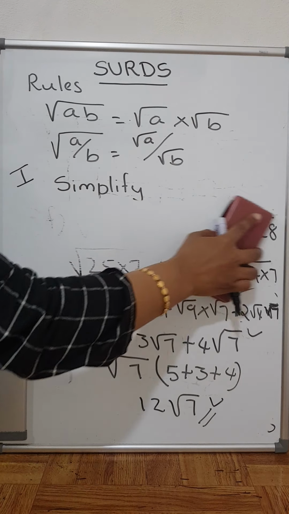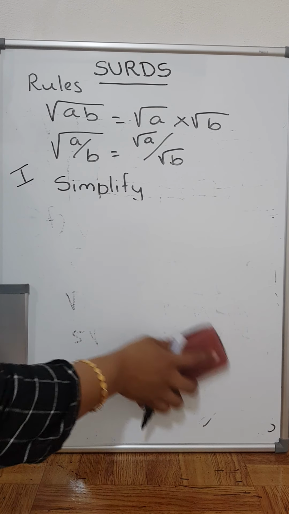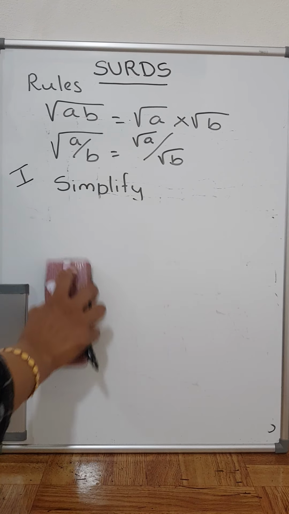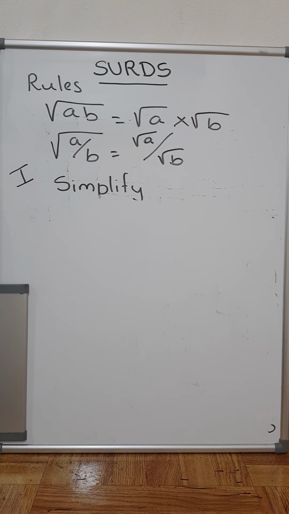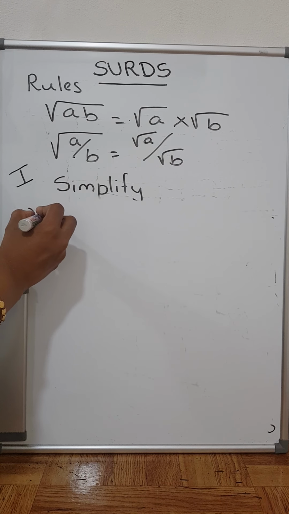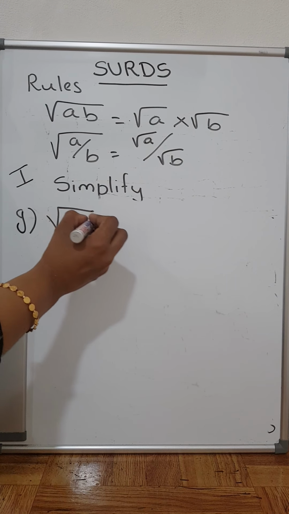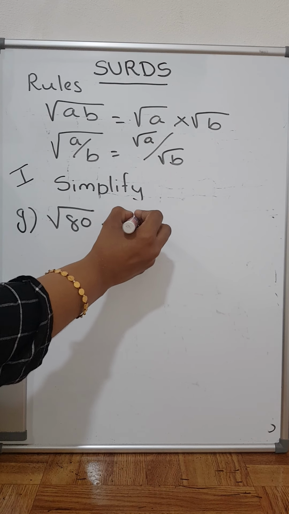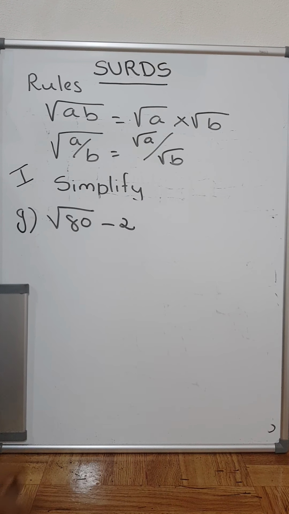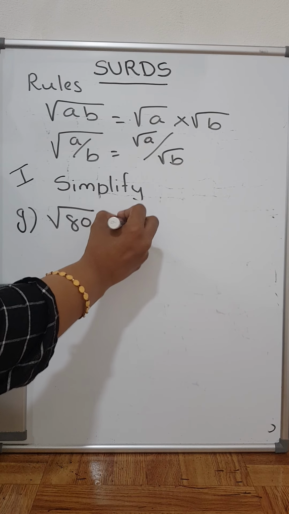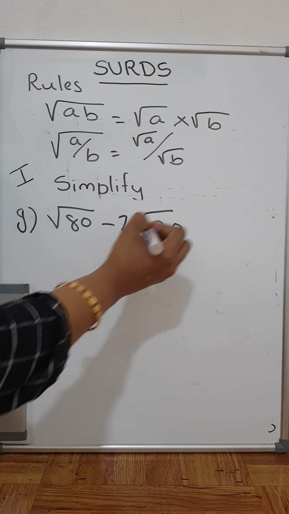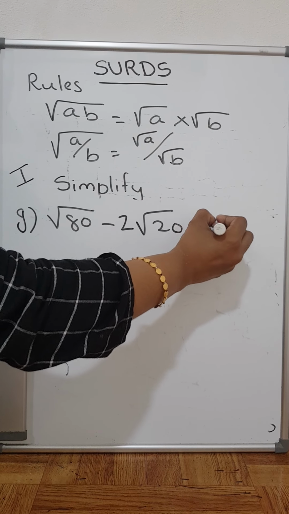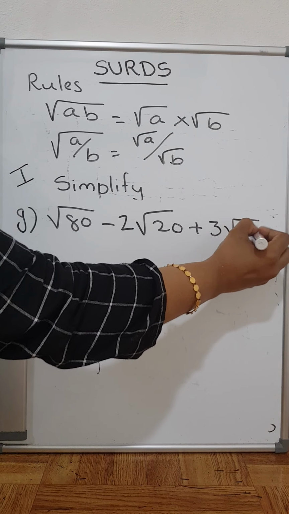Let's see another example. Root 80 minus 2 root 20 plus 3 root 45.